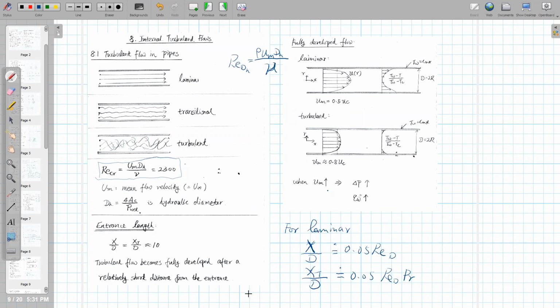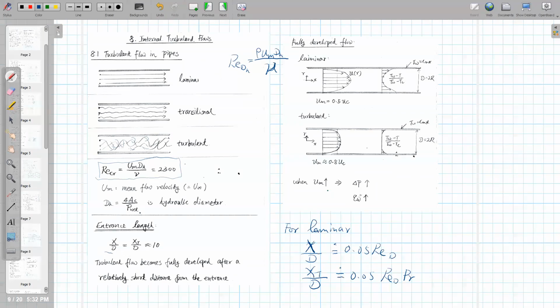But for turbulent flow, what people observe is that turbulent internal flows become fully developed very quickly, just after about 10 diameters in length. After a very short distance from the entrance, the flow becomes fully developed.